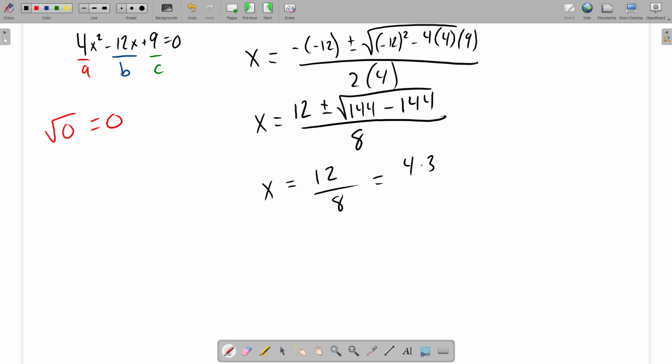I can factor 12 to be 4 times 3, and I can factor 8 to be 4 times 2. Meaning these 4's can cancel, leaving me with positive 3 halves as my final answer. I don't get 2 solutions, I get 1 solution. We'll talk about the difference between 2 solutions and 1 solution and what that really means in the next few videos where we start looking at graphing quadratics.